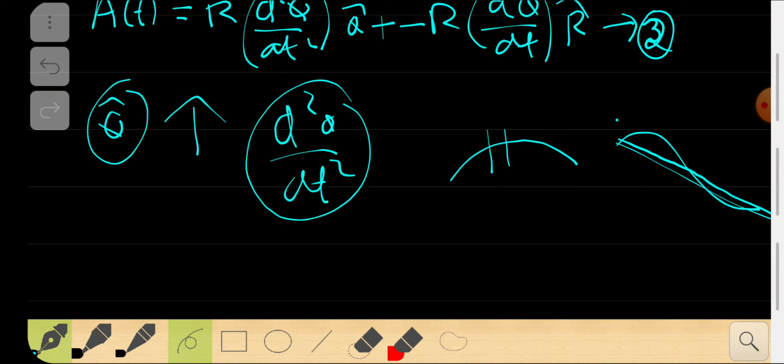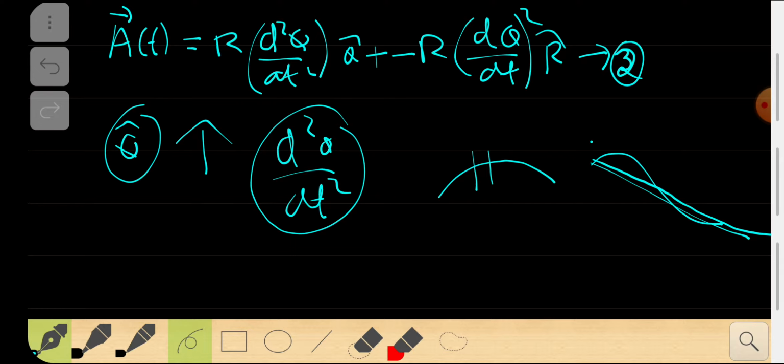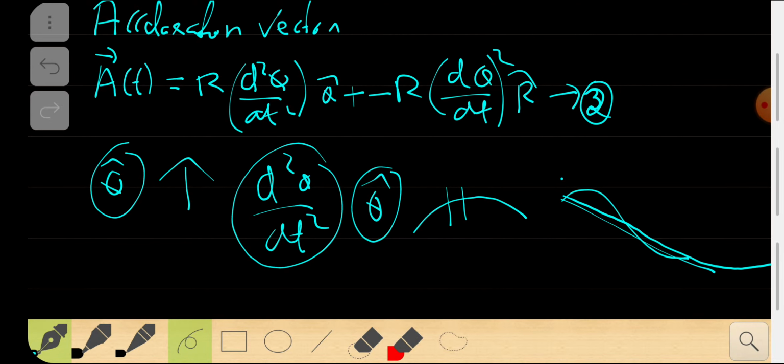We have done numerous problems regarding that. Anyways, d square theta by dt square will directly contribute to the acceleration, whereas the r cap component will inversely contribute to the acceleration. So the acceleration will be smaller if the radial component is larger.